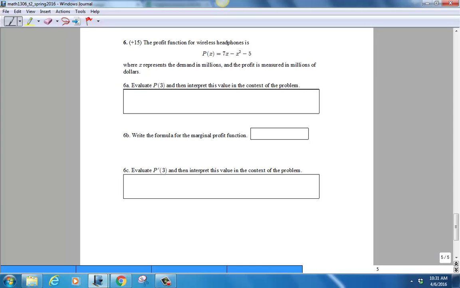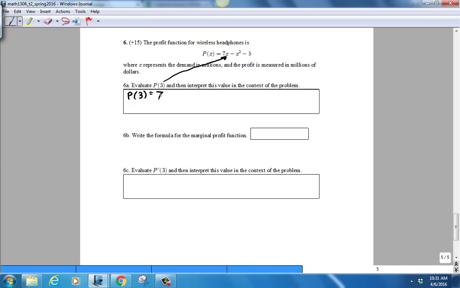The demand is 3 million headphones. All right. So you just have to plug 3 into the formula. Some people made arithmetic mistakes there. Feel really bad if you plugged it in right and made an arithmetic mistake. But the answer turns out to be 7.